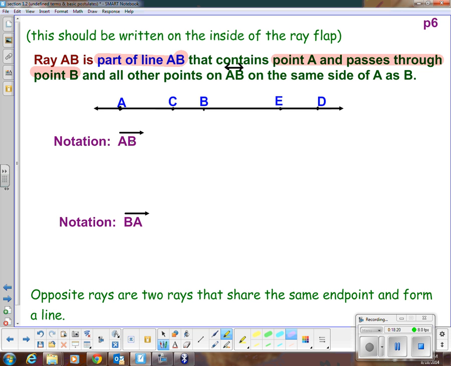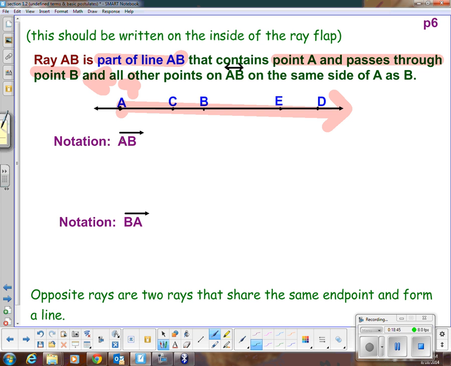If I want to talk about ray AB, then the ray starts at A, and now the question is, does it go this way forever or does it go that way forever? And we make that determination by where B is. Since B is on the right, that means the ray passes through B on the right and goes to the right forever. So everything that's highlighted in pink are the points that are on ray AB.